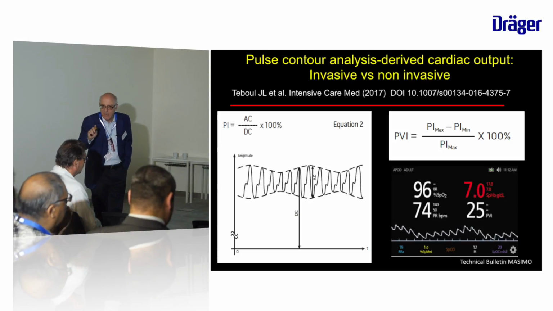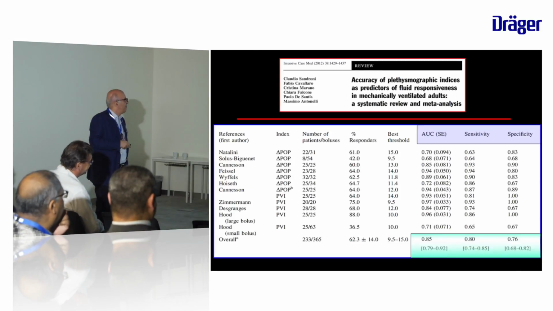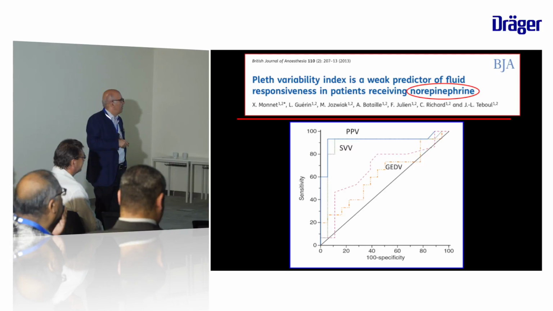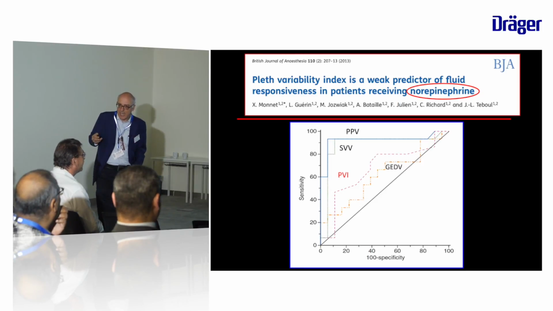I tested some of them, not very precise, even if there are some studies showing relatively good accuracy, but you see here it is much, much worse than PPV. So I don't like it and we don't use it.